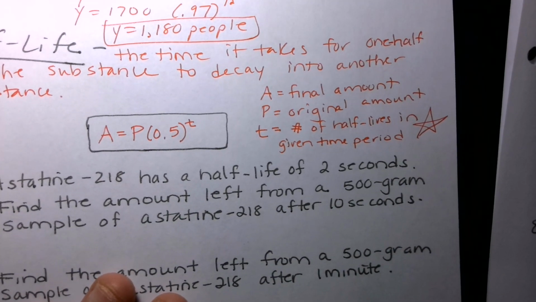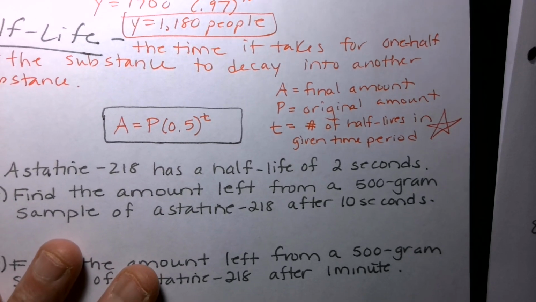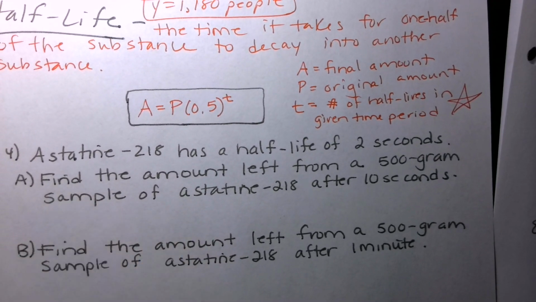Astatine, am I saying it right? I don't know, one of you probably knows. Astatine-218 has a half-life of 2 seconds. I'm sure this is on the periodic table, so we should have our chemist here to help us.